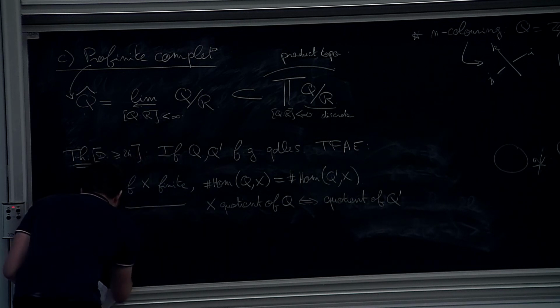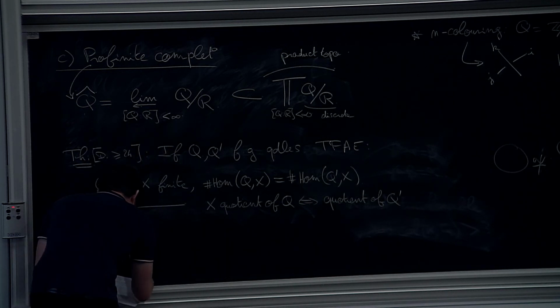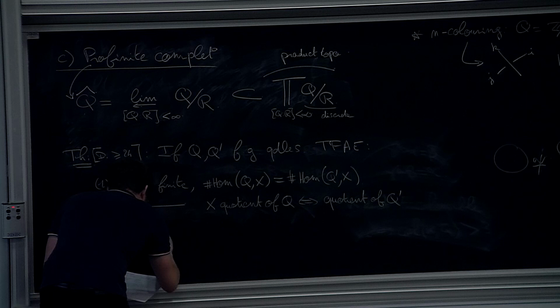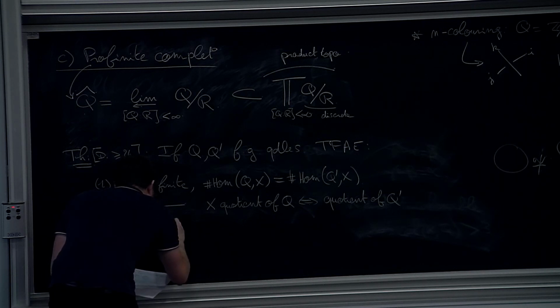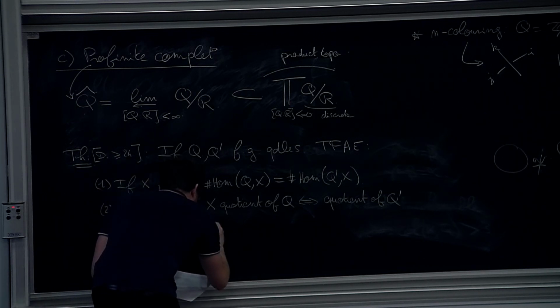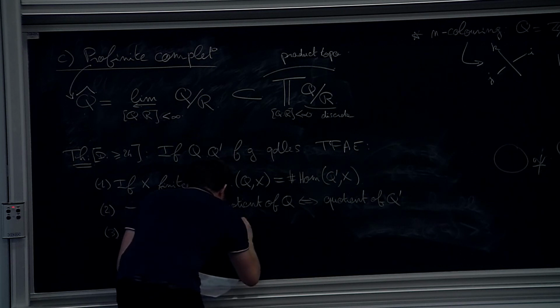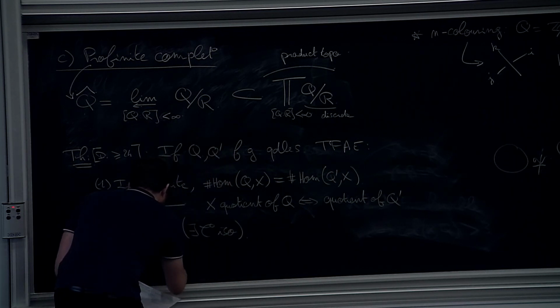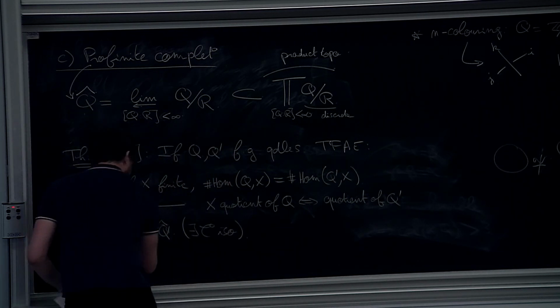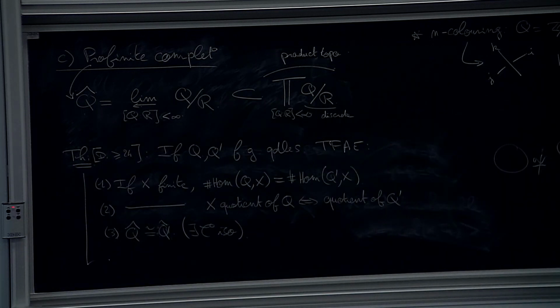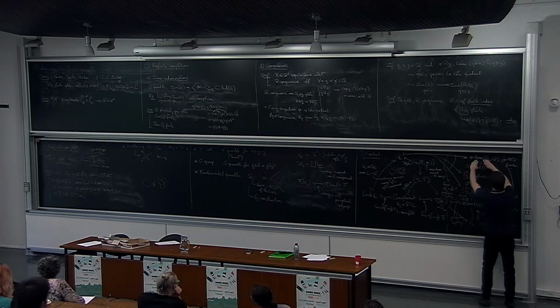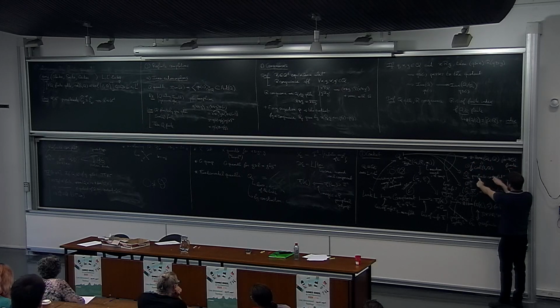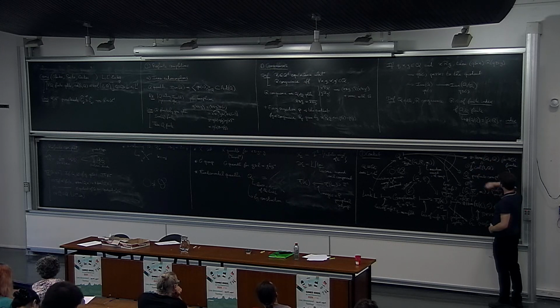And the third one is that there is a continuous isomorphism between the profinite completions. Sorry. And this does exactly what we wanted here, which is to relate this family of integers to the profinite completion.